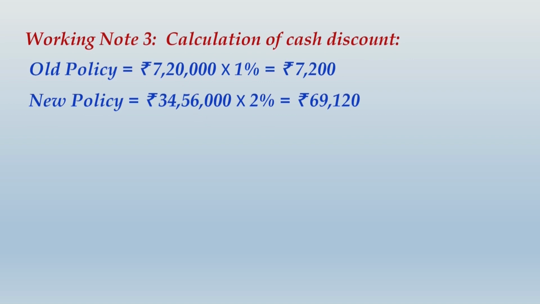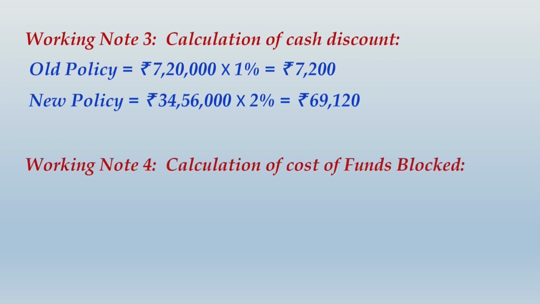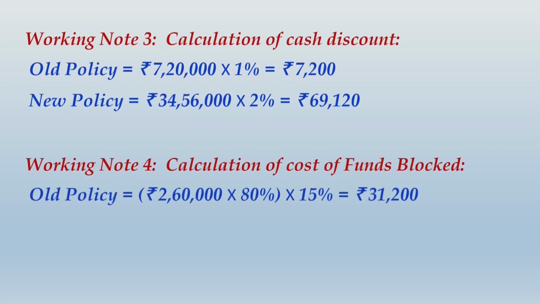Now we have one more important working note to be carried out. That will be working note number 4, that is cost of funds blocked. Old policy, it was 2,60,000 amounting to your average balance of debtors, but I told you your cost of funds blocked is not based on sales value. So first of all, we have applied 80%. 80% of your sales will be cost of goods sold.